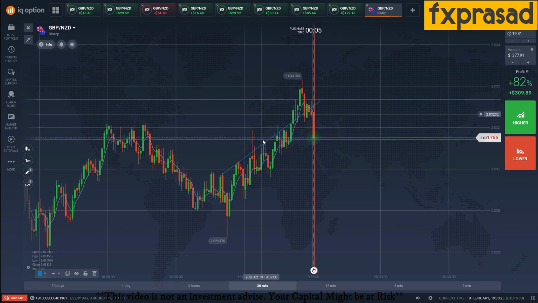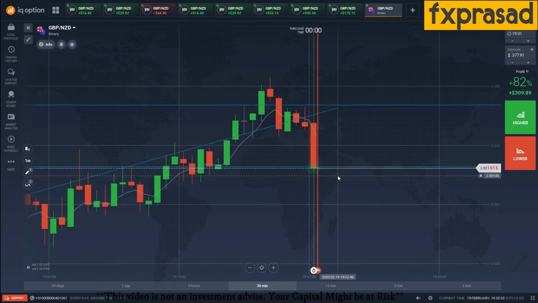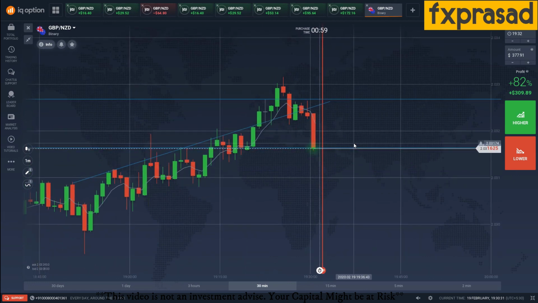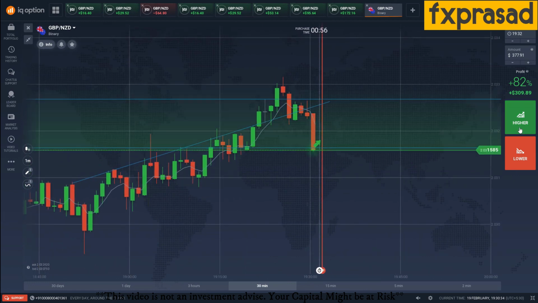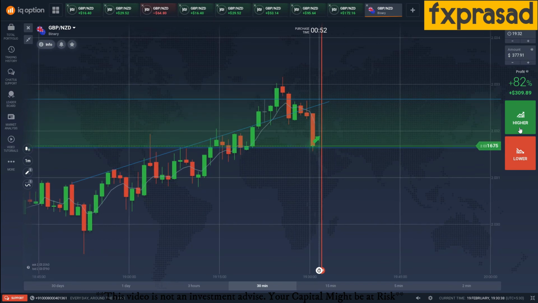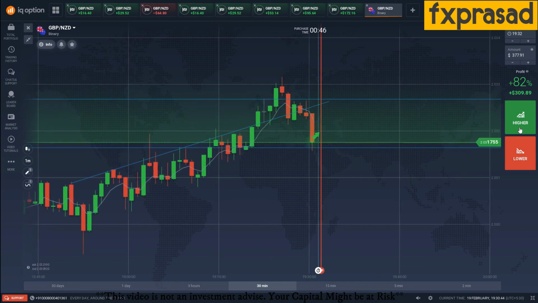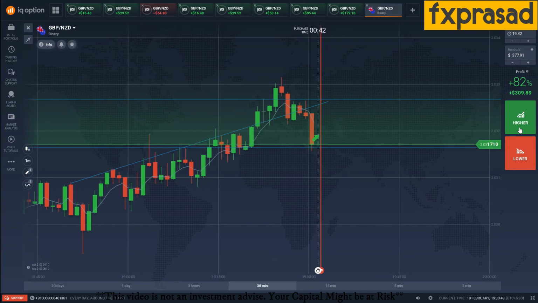Very good, very strong counter from this level, and a retracement will come. Market will come down.